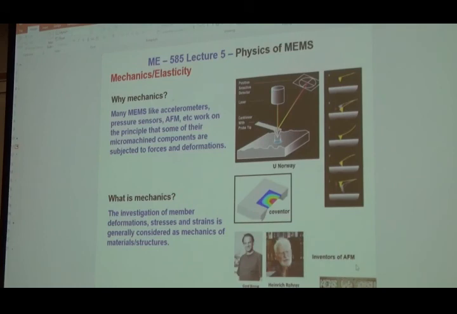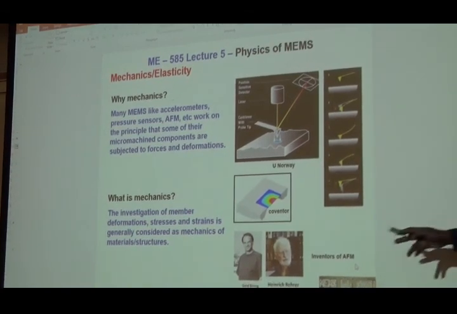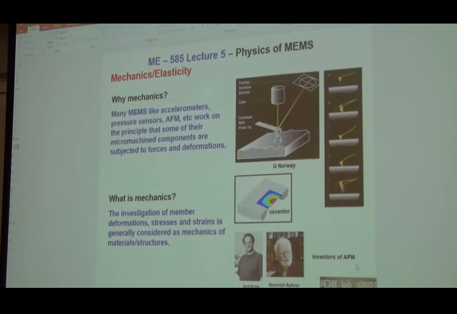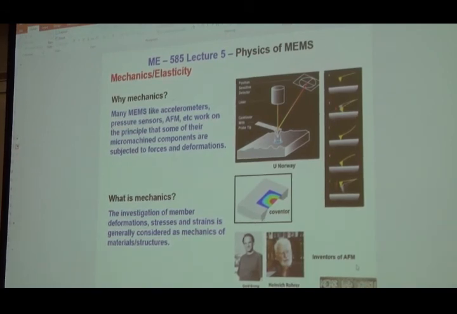But IBM, way back, I think in the 80s, in fact, the inventors are around. One of them, I didn't put his picture here, I know him. He's at UCI. A very unassuming guy, but people invited him. He's one of the guys who invented the AFM. These are people who eventually get the Nobel Prize about 2 years before they die, but it's okay.